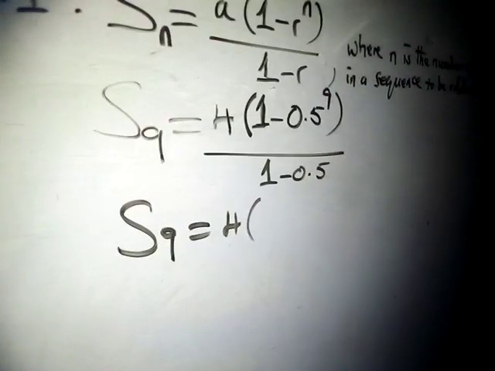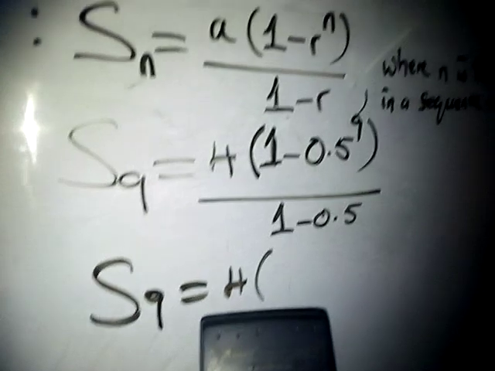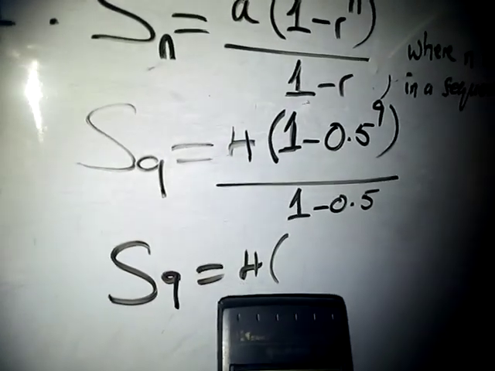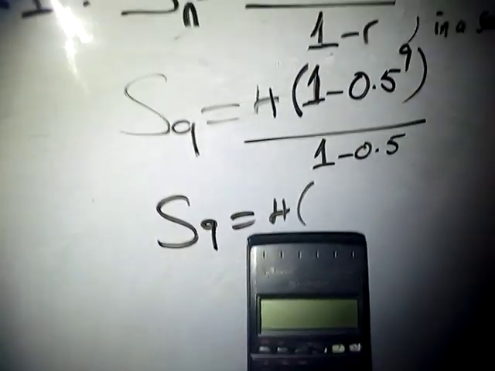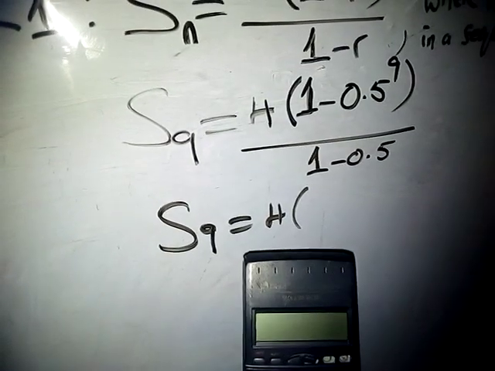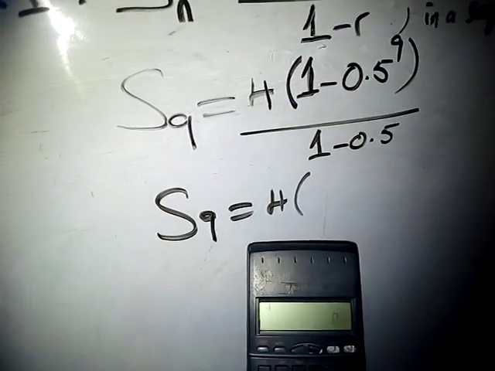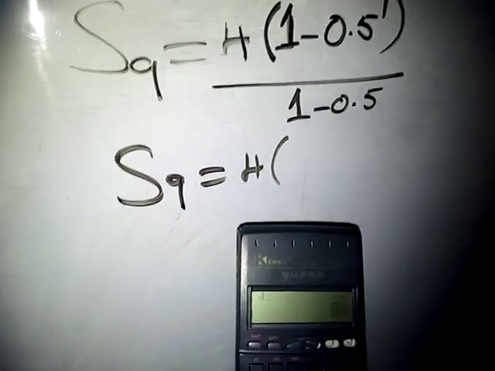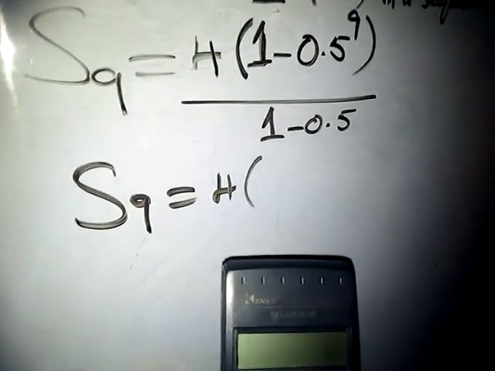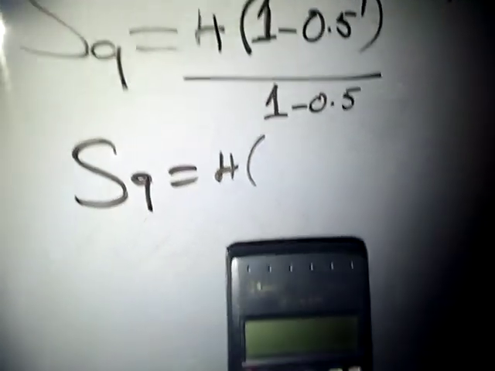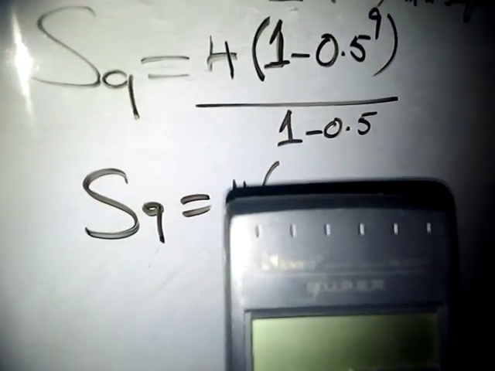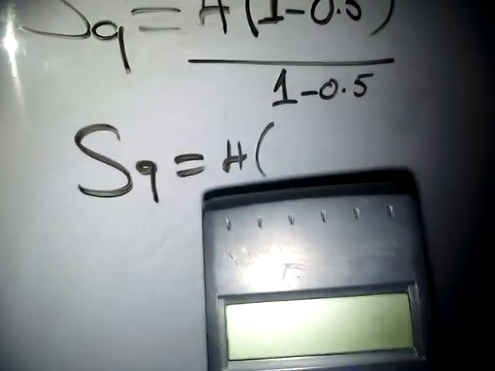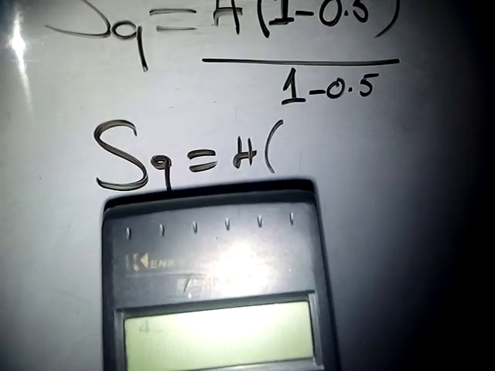So you can just get your calculator. Let's see how we go about this one. Let's plug in the numerator. In the numerator we have 4, instead of putting times, you can just put the bracket here. Take note, this is 4.